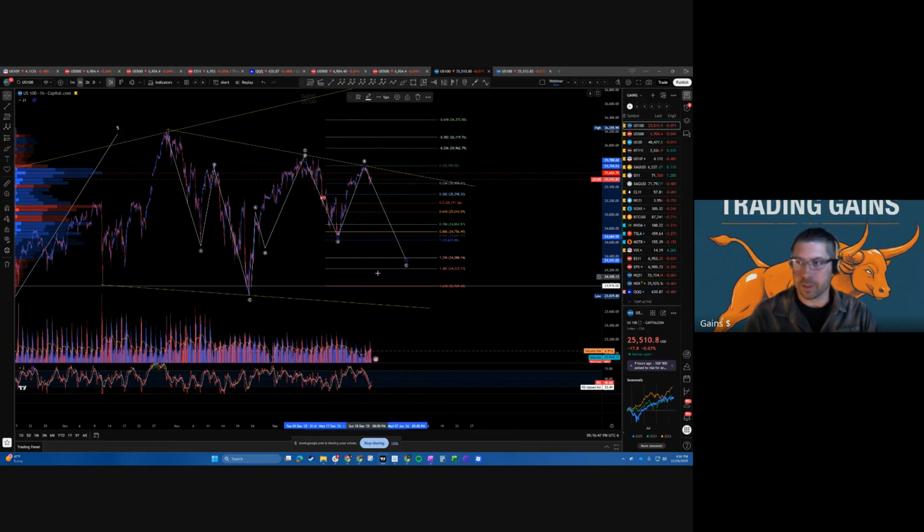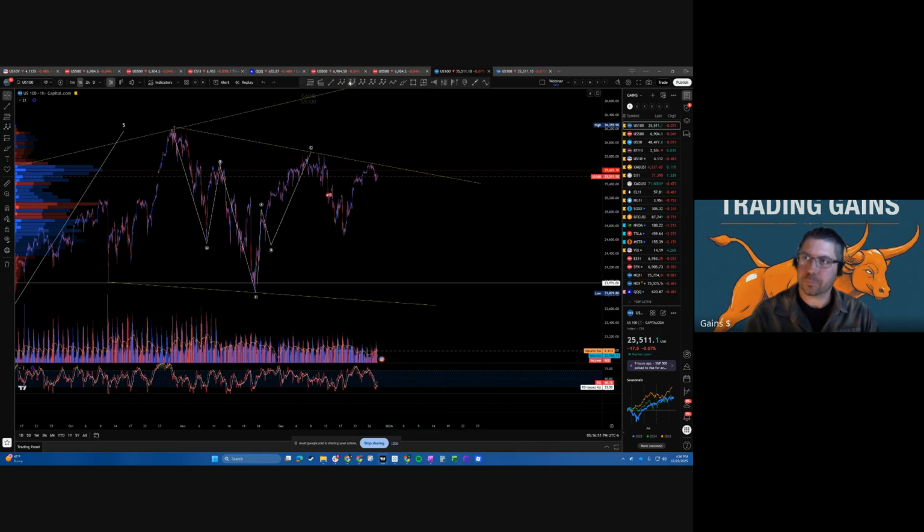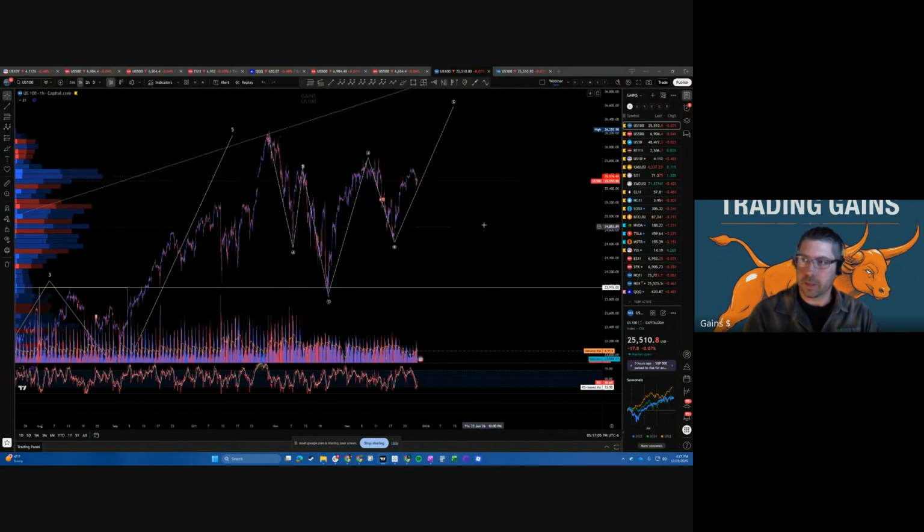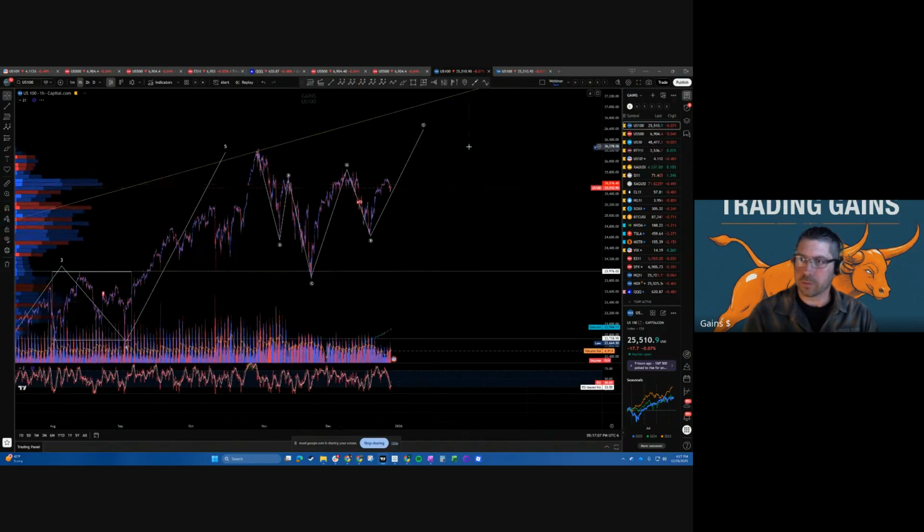That could be an inverted head and shoulders, which could set it up for a bullish run. You could also have the more bullish scenario, where you get this continuation up and it's not a flag anymore, and it ends up being a weird, irregular wave 4 pattern.